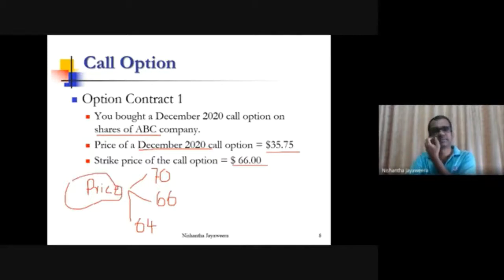Consider case 1, 70. You have bought this option. What do you do?